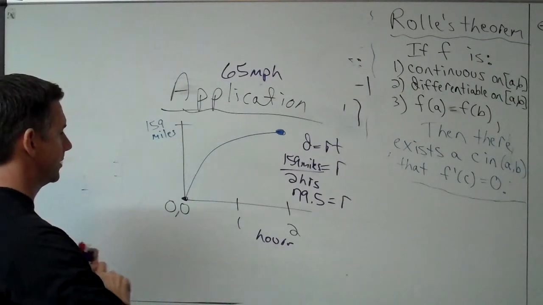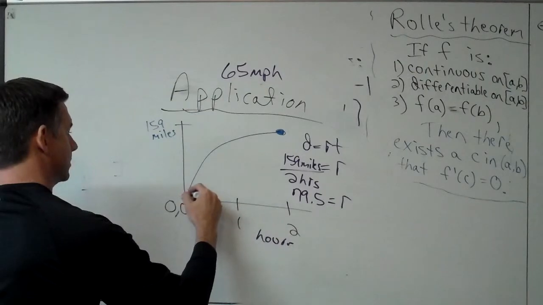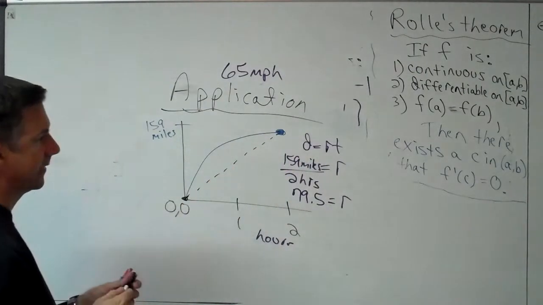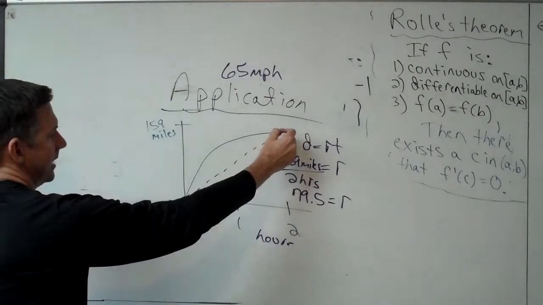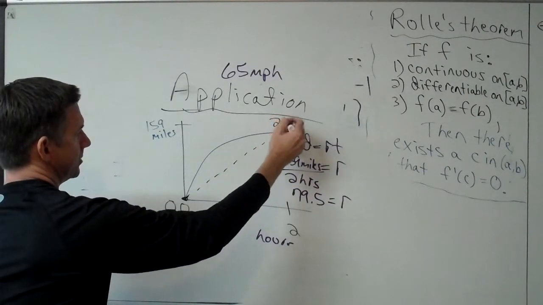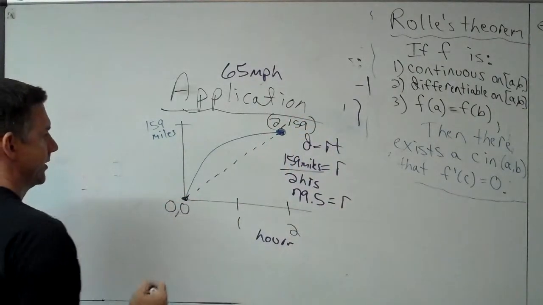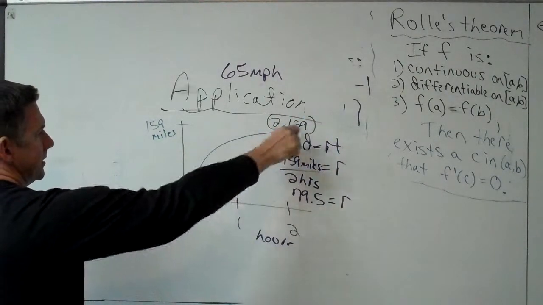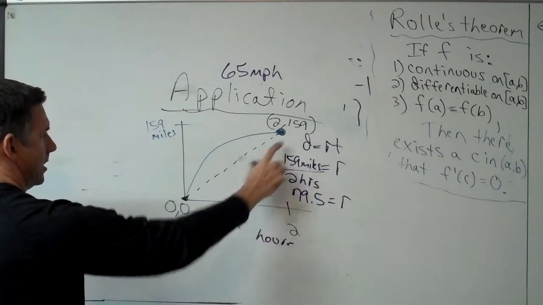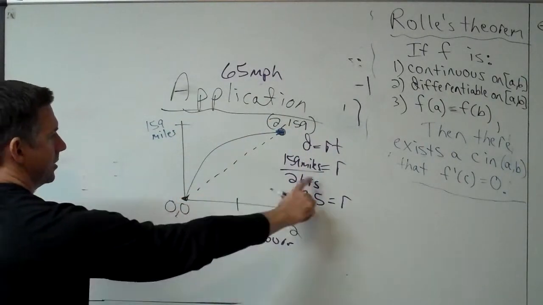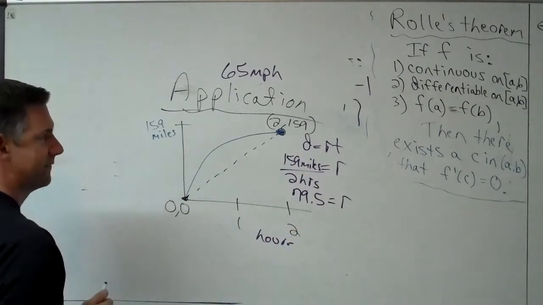Well, his average speed is the slope of the secant line. Because if I connected these dots, this dot right here is 2, 159, and this one is 0, 0. So that's exactly what this is. The slope of the secant line is 159 minus 0 over 2 minus 0, and that's where you get your 79.5.